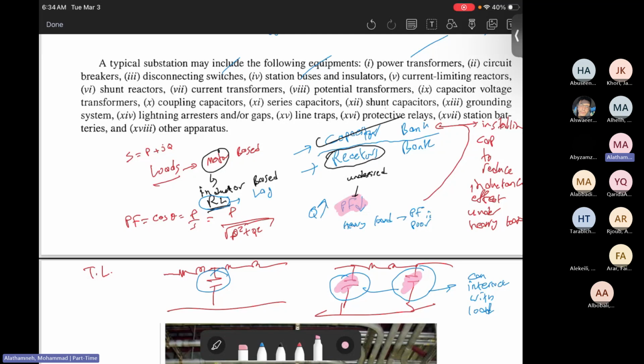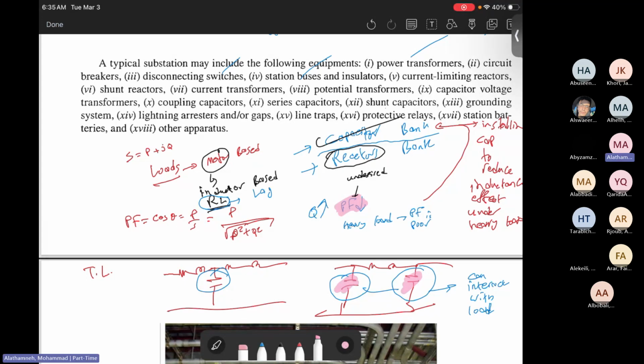That's why under medium load, there is sometimes no need to add a capacitor bank. The capacitance of the transmission line will take care of it. However, in heavy loads, the capacitance will not be enough to supply the reactive power. Therefore, we need to add a capacitor bank to compensate and improve the power factor.